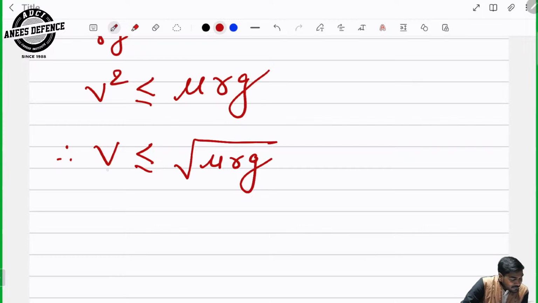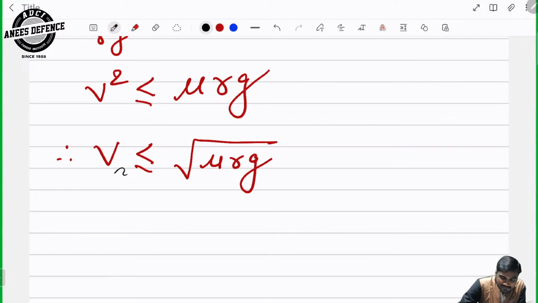So this velocity is minimum or maximum? Why minimum? Should be equal to that much or less. So this is maximum. What you are saying, this velocity should be equal to root mu Rg or maybe less. So this velocity is maximum.